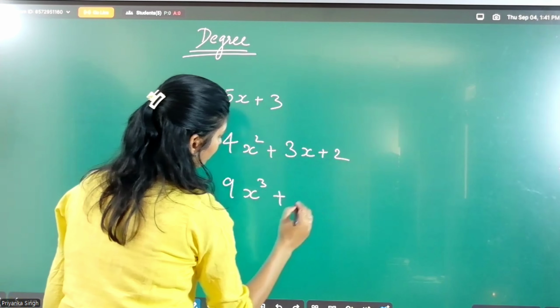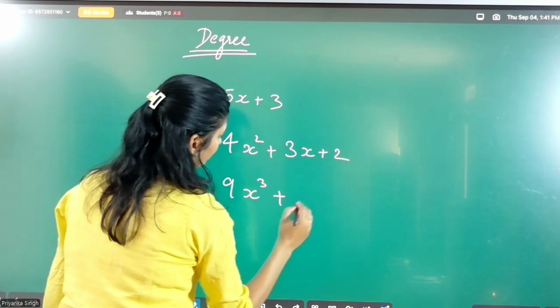Now see here we have x, right? And what is the power of x? It is 1. And 1 is the highest power that we have in this algebraic expression. So 1 is the degree for this polynomial.